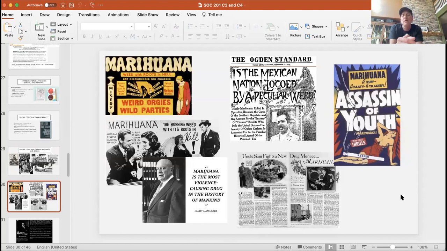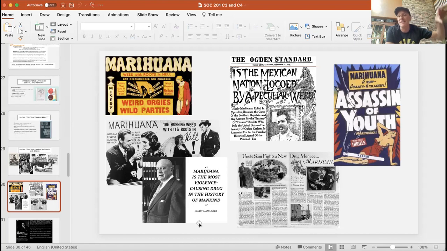But in the 1930s, and from the American viewpoint, in 1937, Harry Anslinger formed the Federal Bureau of Narcotics and started this campaign on marijuana as the killer weed. And there is a connection to race with this, with Mexican laborers. Usually in our drug wars in the United States there's a class issue and a race issue.